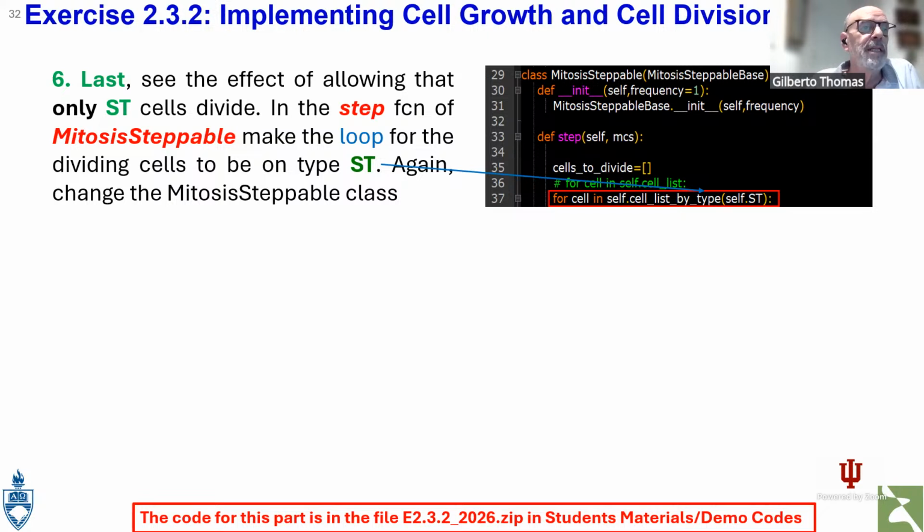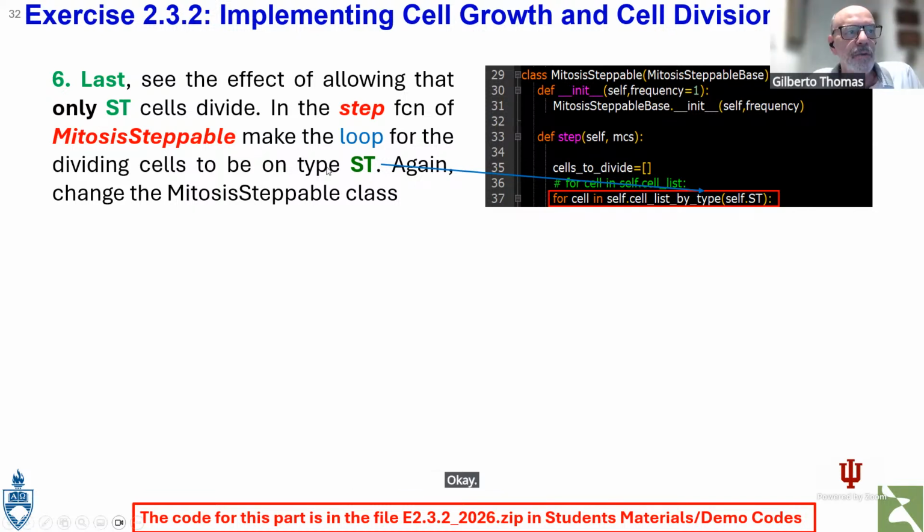Let's change a little bit. Let's see what happens if only the ST cells can divide. Well, since we have only one cell at the beginning, we should have only one cell at the end.